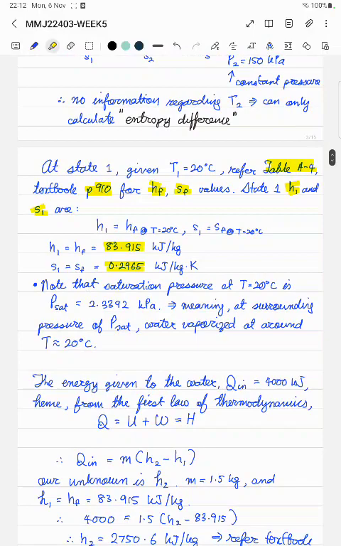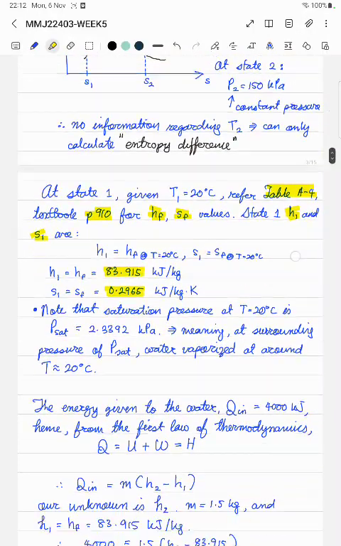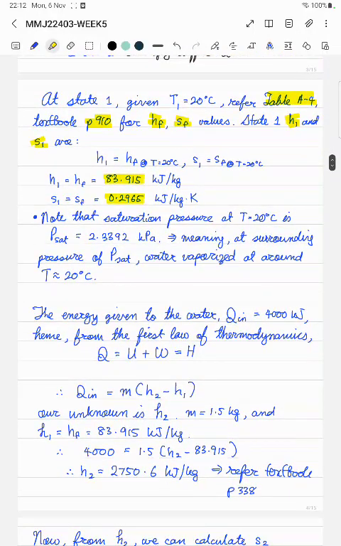Note that we add heat to the fluid, and the heat is 4000 kJ. Remember from the first law of thermodynamics, which is basically an energy conservation equation, energy is conserved, except that for the first law we are working on heat energy.